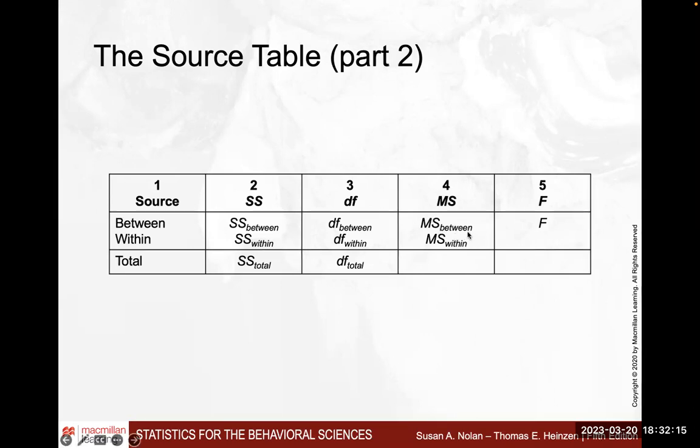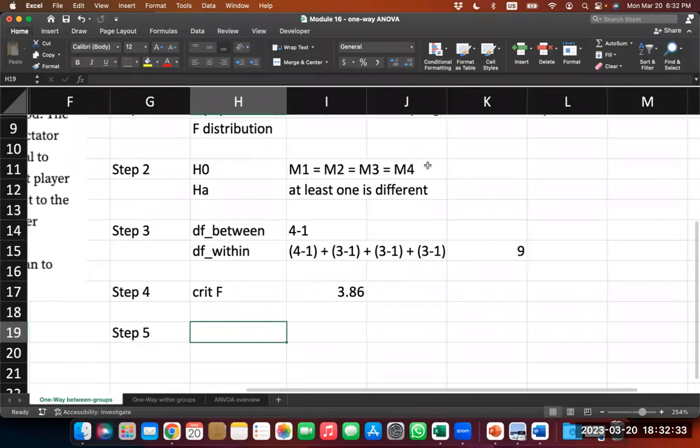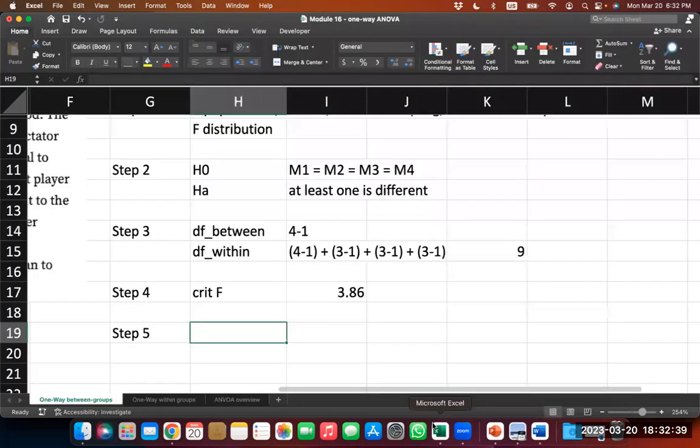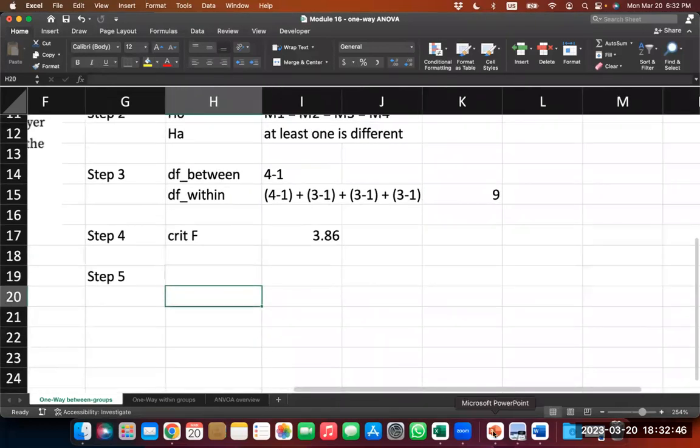The ratio of variance between divided by variance within is then the F. And that's your test statistic for an ANOVA. It's simple, right? It's not terribly different. Okay. So let's copy this source table over. Let's copy it right here.